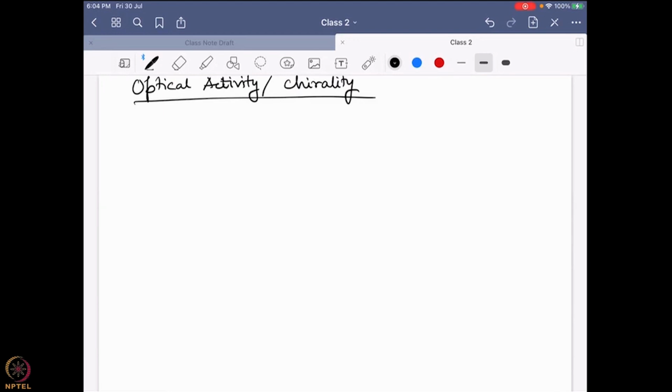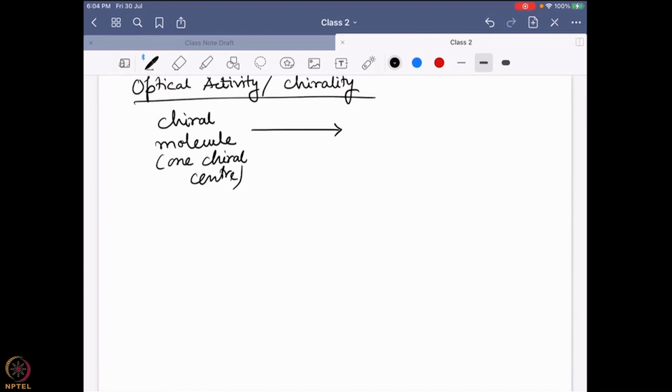So if you have a chiral molecule, how many different enantiomers can you have from this chiral molecule if it has only one chiral center? Anyone? Okay, let me call some names.